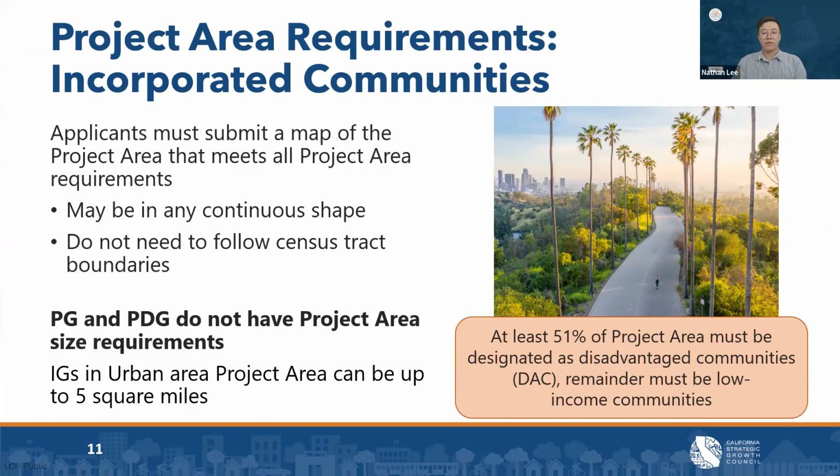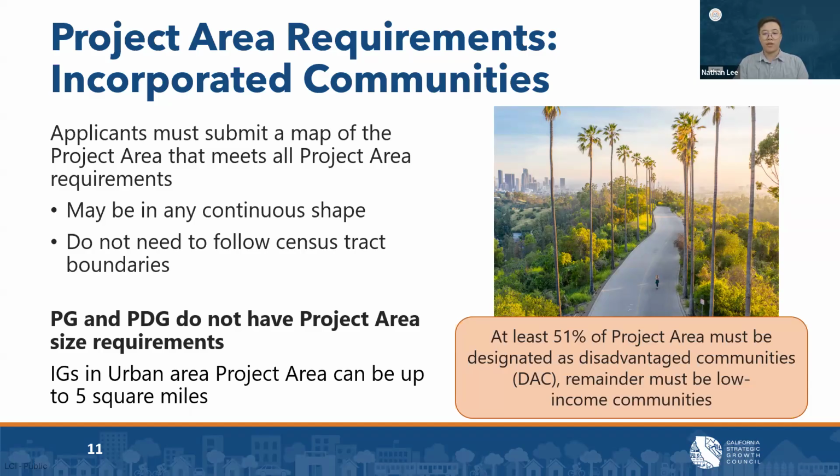Disadvantaged communities, otherwise known as DACs, are geographic areas most burdened by socioeconomic, public health, and environmental hazards, making them more sensitive to pollution. The minimum required proportion of DACs in each project area is 51%. The remainder of the project area must include areas with low-income communities or households.